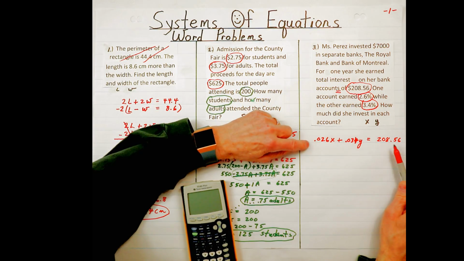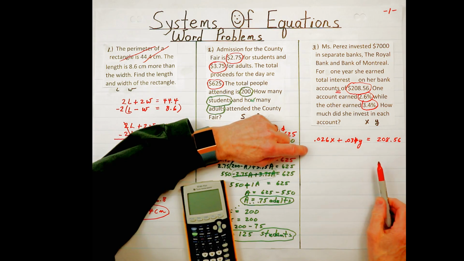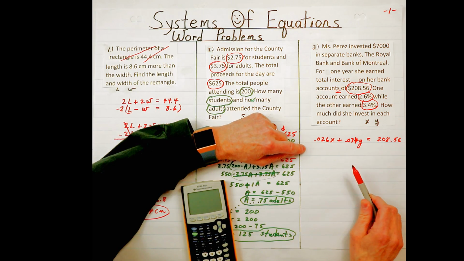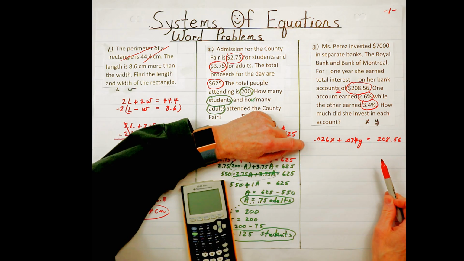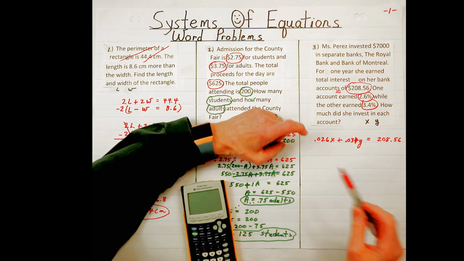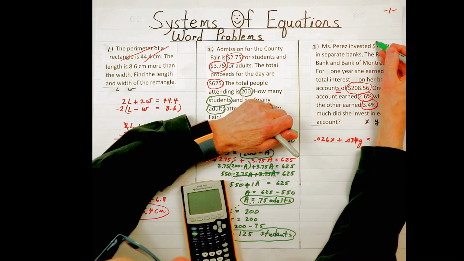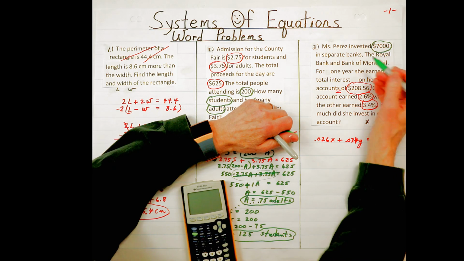Okay, so here we have one total. It has to do with interest. It does not have anything to do with the total money in the bank. The second equation has to do with money in the bank. Look. And she has 2 bank accounts.